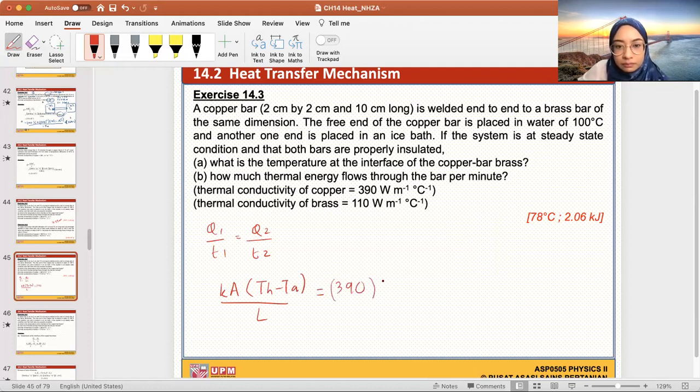Times by 40. What's the unit for your 40? Oh, cm squared. Okay, is it right? Oh, doctor, it is not 40. That is the volume. I'm sorry.